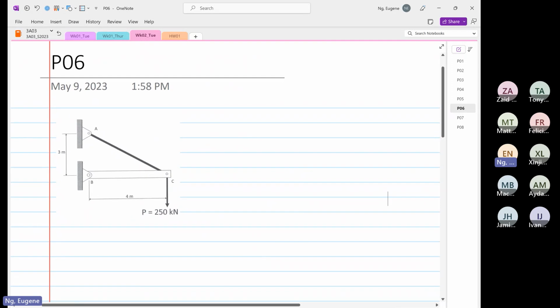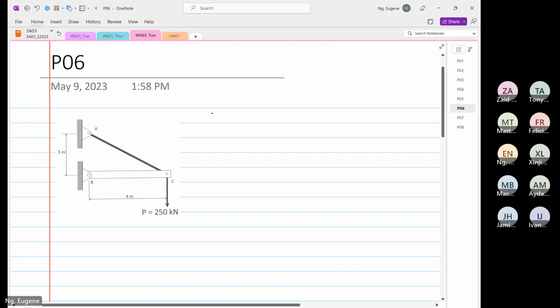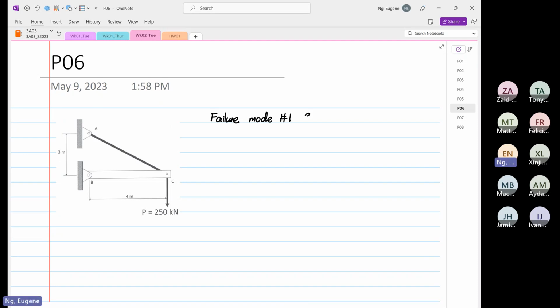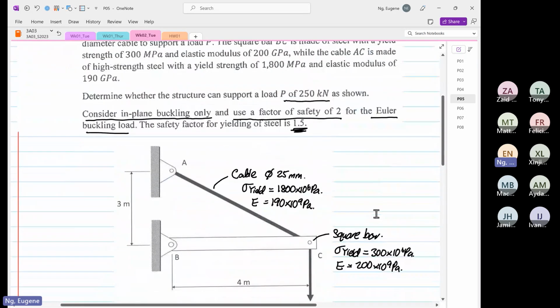So we are going to look at failure mode number 1 for cable AC. What we are given is the yield strength, so let me get the question over, or just look at this.